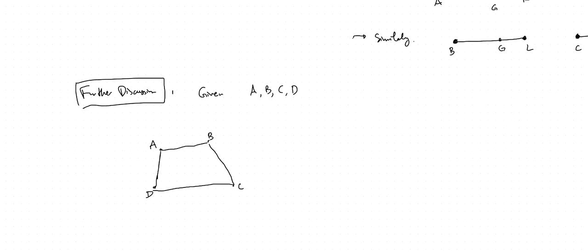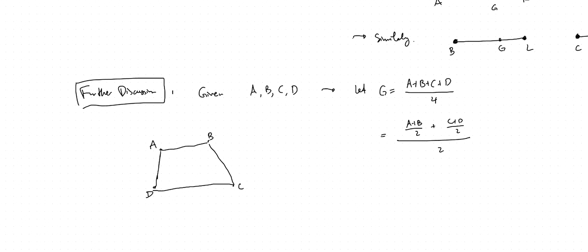They can also be concave. I'm just doing this for the sake of the figure. Let G be, for example, the average, again, with the same weights. So I can write this as, for example, A plus B over 2 plus C plus D over 2, divided by 2. What does this tell me?